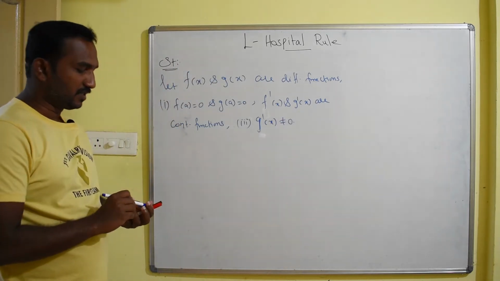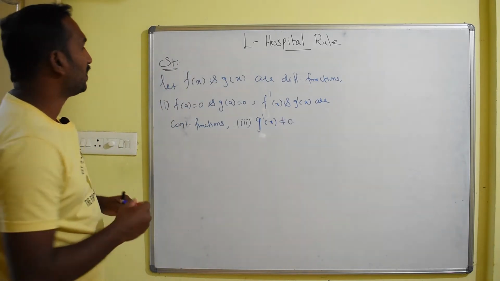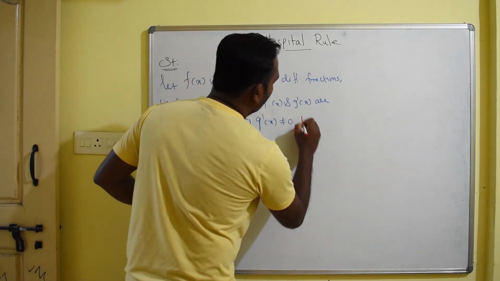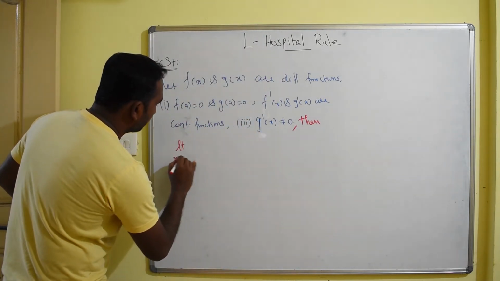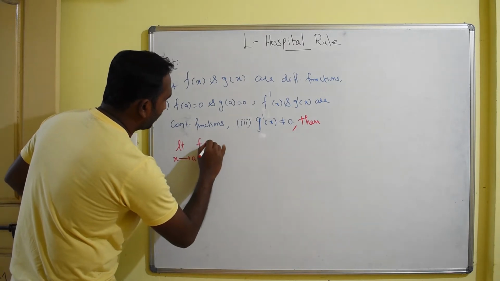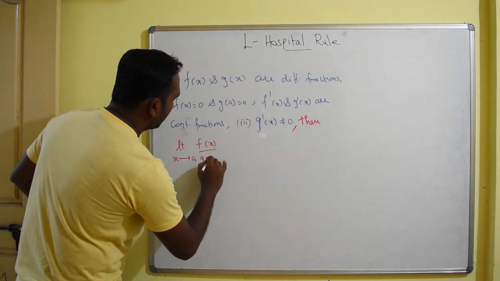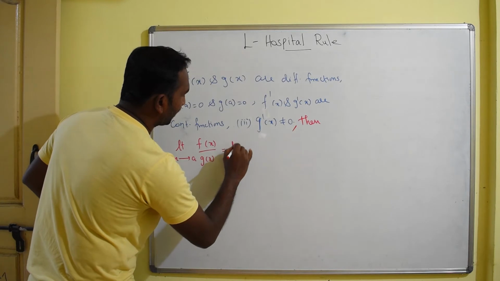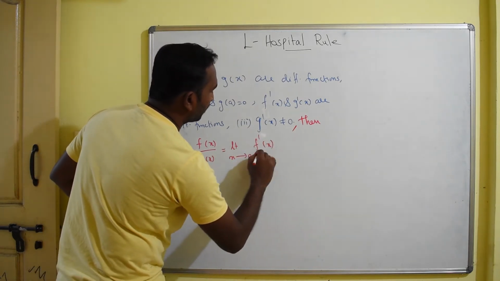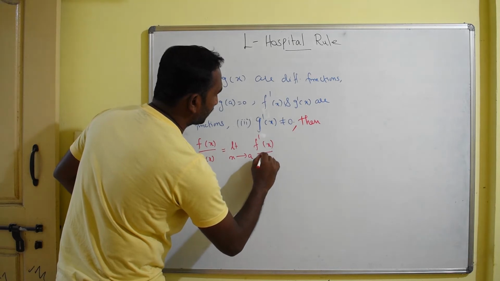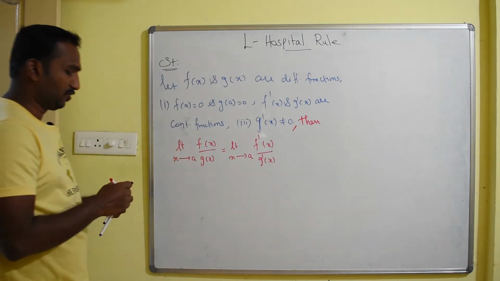So by using these three conditions, we can prove the L'Hospital rule. Then limit x tends to a, f of x divided by g of x can be written as limit x tends to a, f dash of x divided by g dash of x. So this is what we are going to prove now.